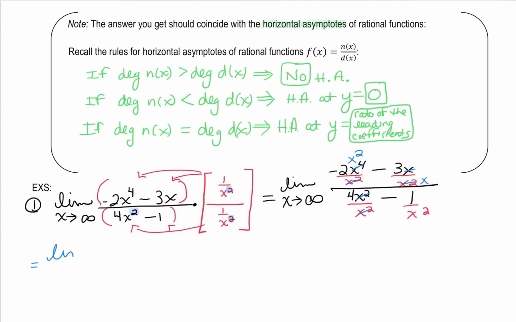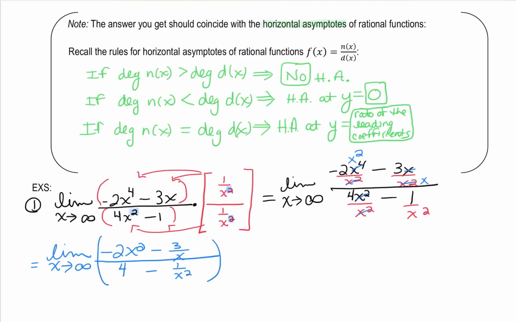I'm going to have my limit as x goes to infinity of (negative 2x squared minus 3 over x), careful on that, and then all over (4 minus 1 over x squared).